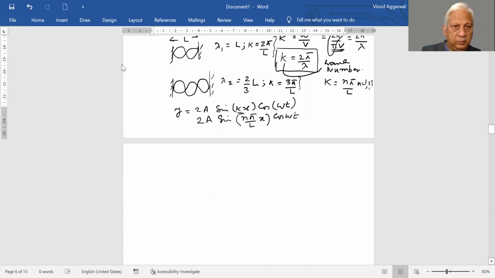Now we know that nodes will be formed. What are the conditions for a node? y is equal to 0 at x is equal to 0, one condition, yes.